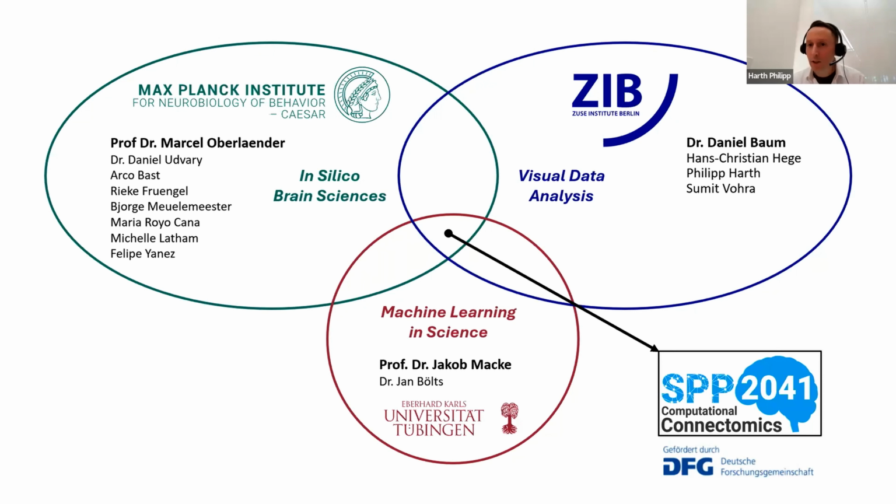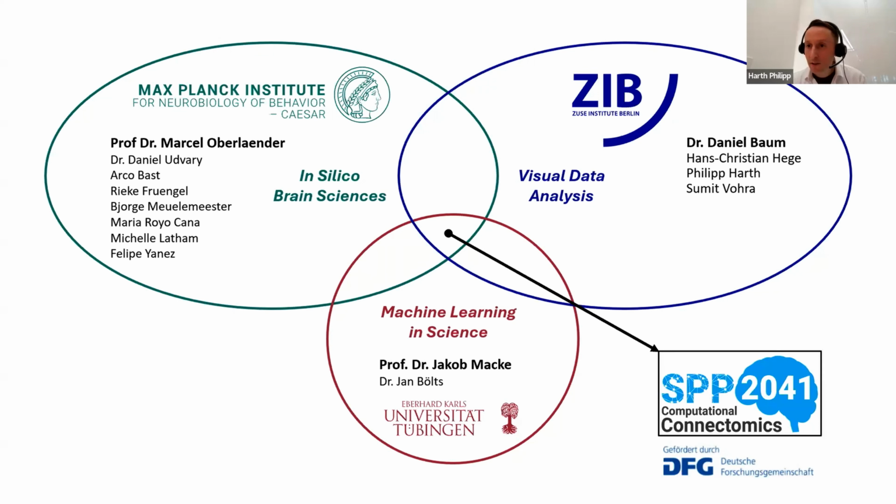And I myself am affiliated with Dr. Daniel Baum at the Visual Data Analysis Group at SUSE Institute. As said, our focus is visual data analysis, and our role in this cooperation project is to help our domain experts, that is the neuroscientists at the Oberländer lab, understand the data better and to provide the computational means to conduct their research.